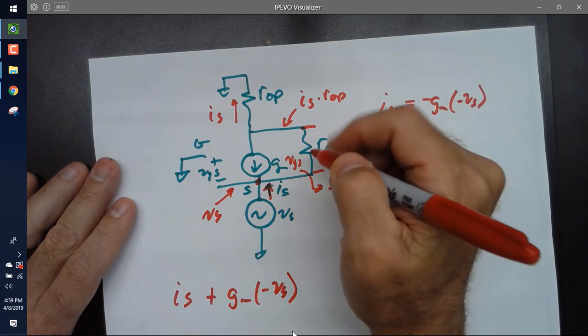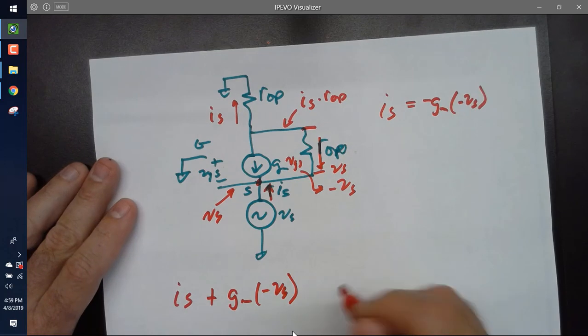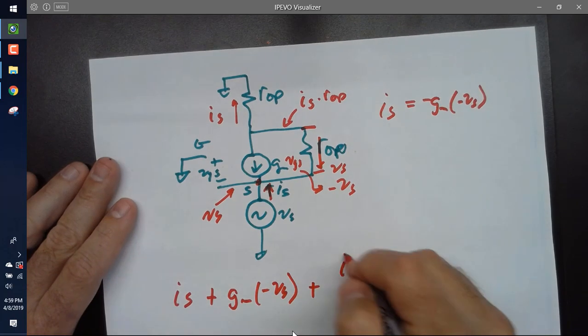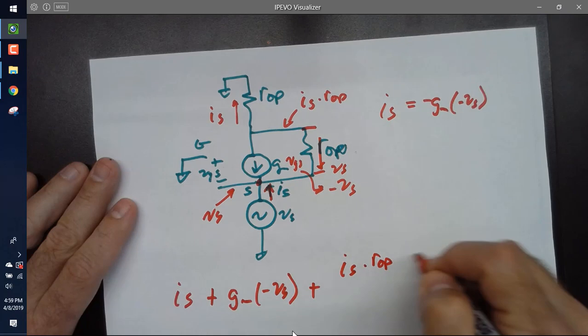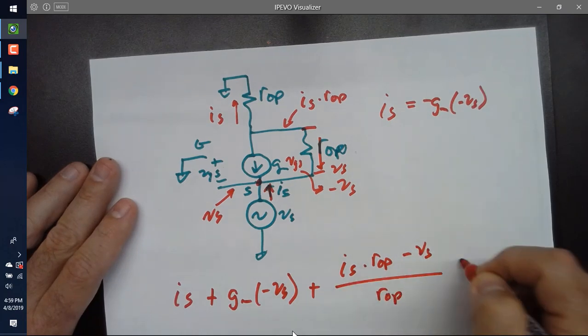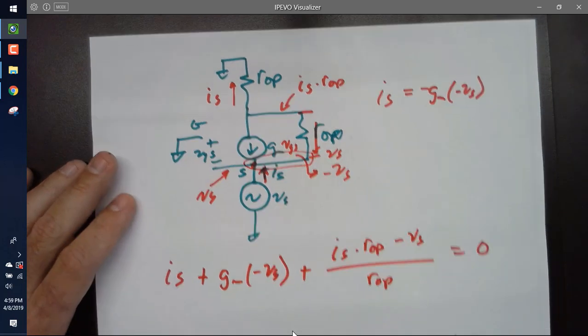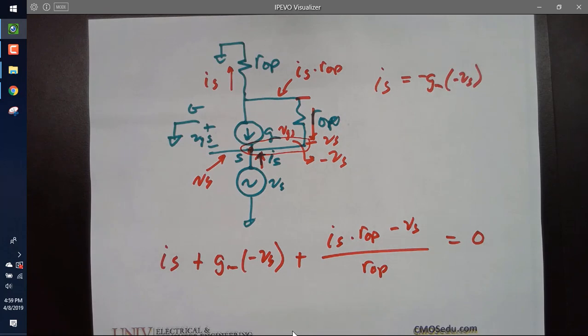And then which way do you want this current to go? Why don't we make it going in as well? And that current would be IS times R out P minus VS all over R out P, and that's equal to 0. I did a KCL at this node. Yay or nay?